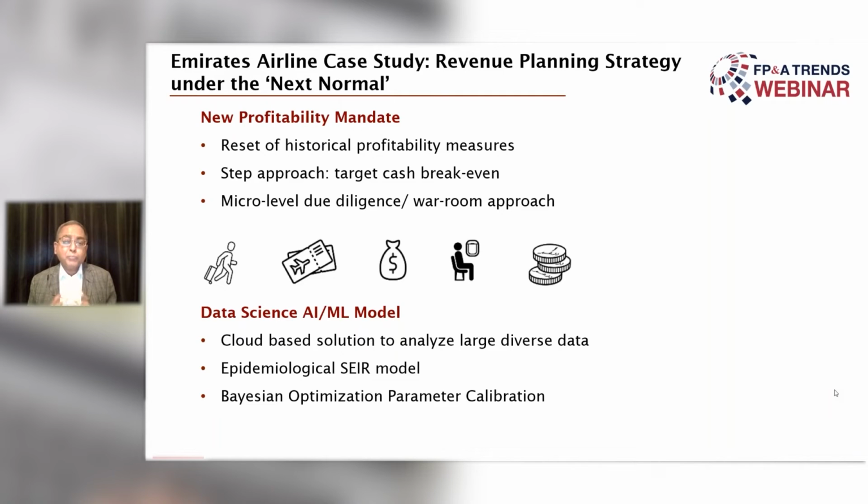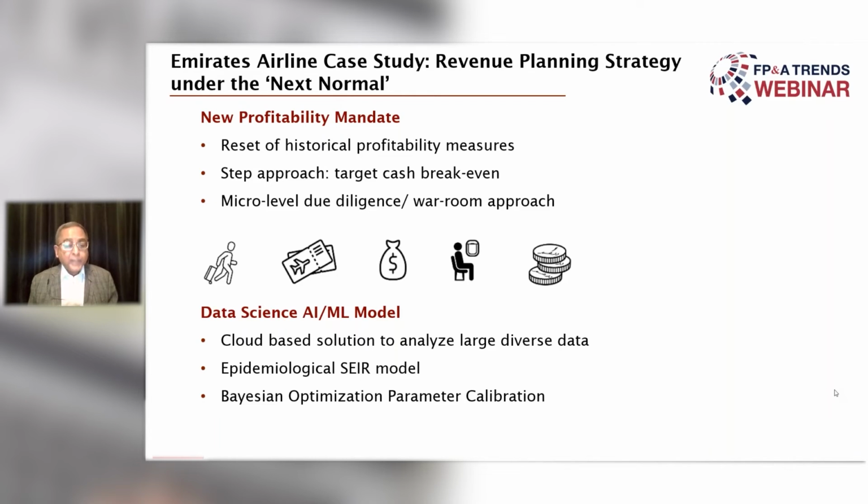So what it means is, for us to be able to cover the cash operating cost and move on to start to mitigate the fixed operating cost, we had to have a minimal level of operation to be able to cover the cash operating cost. So we took a step approach in terms of targeting the cash break even first to sustain, to start to generate cash, and to be able to then mitigate some of the sunk costs associated with a capital intensive industry.